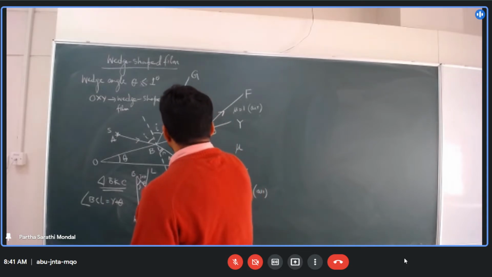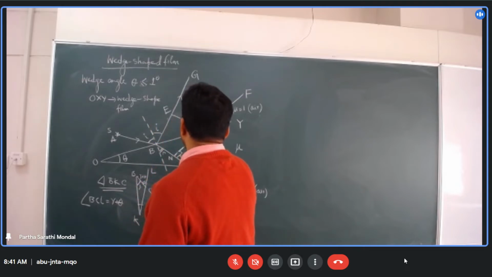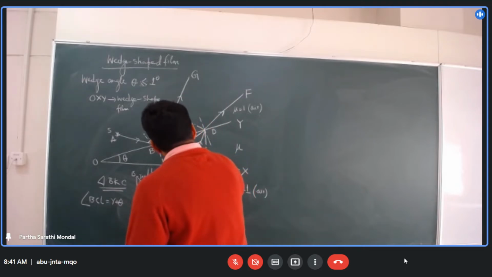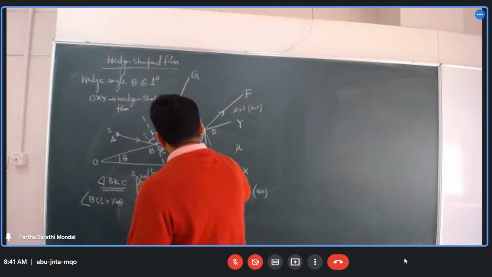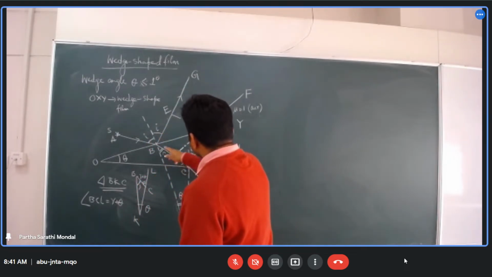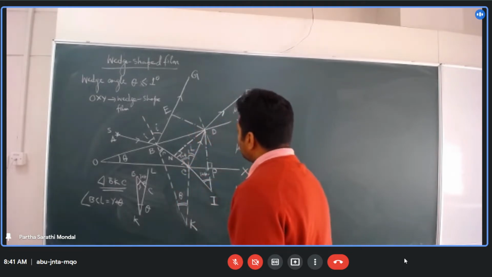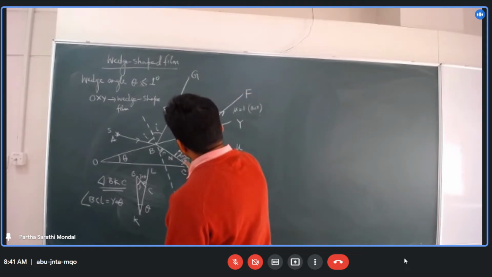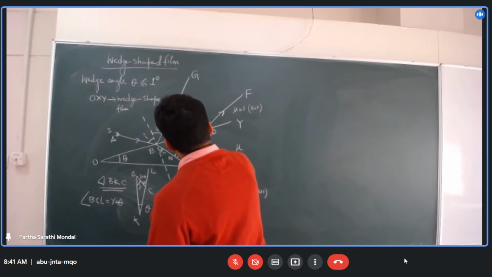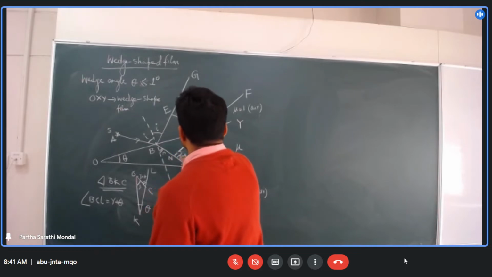Okay, now what is this angle? Here we have a reflection, so this angle will also be r plus theta, because they are the same angle. We have a reflection here, the incident angle and the reflection angle are the same. So this is also r plus theta. So now if this is r plus theta and this is r plus theta, that is 2r plus theta, and this is 90 degrees.